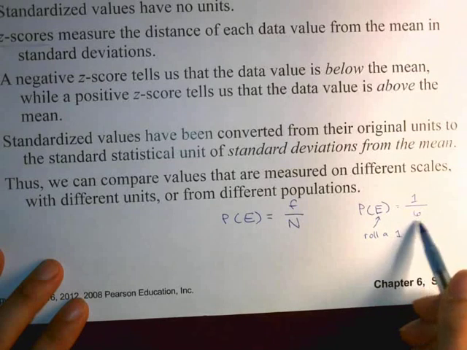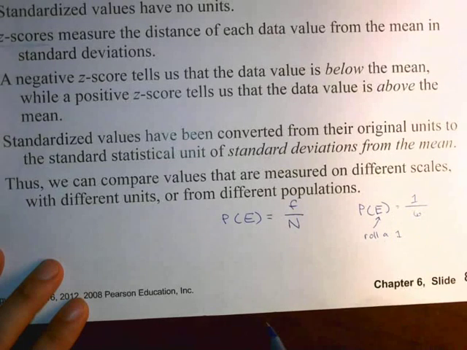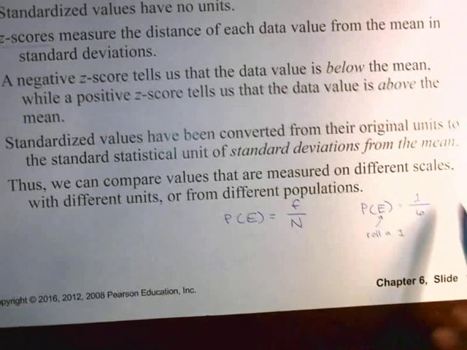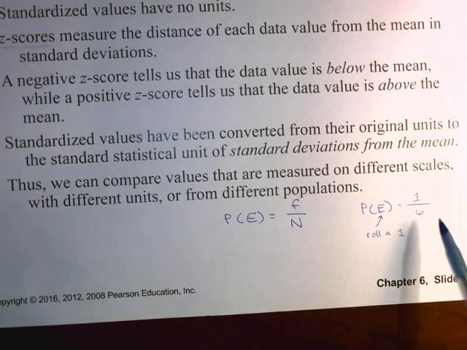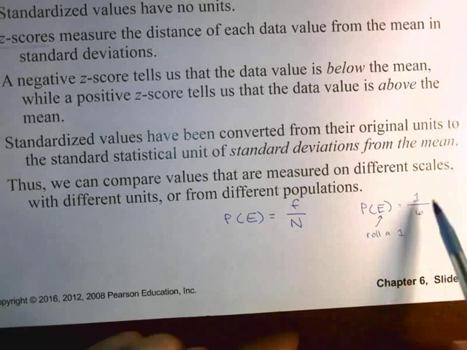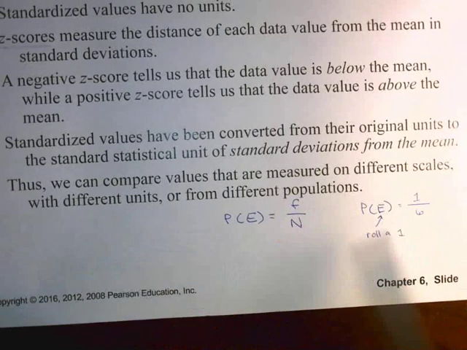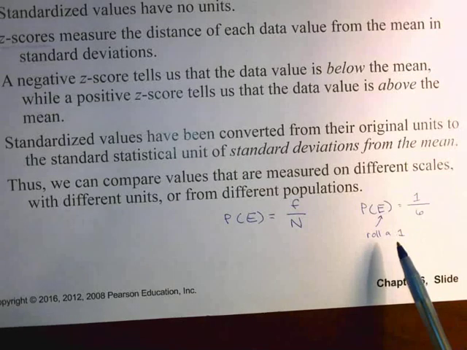For example, we did the example in class of rolling a 1 on a die. So the probability of event E, where E is rolling a 1, is 1 divided by 6. There are 6 possible options and only one way to roll a 1.